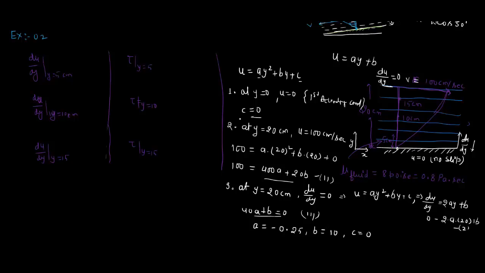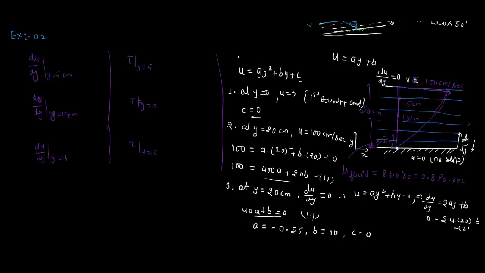So we have the value of c, a, and b. Putting these values in the equation, we know the exact velocity profile.